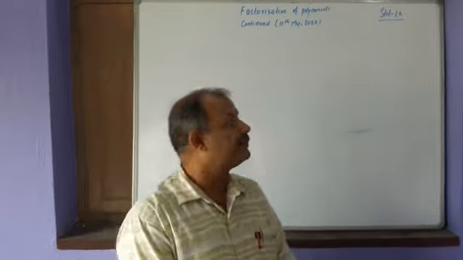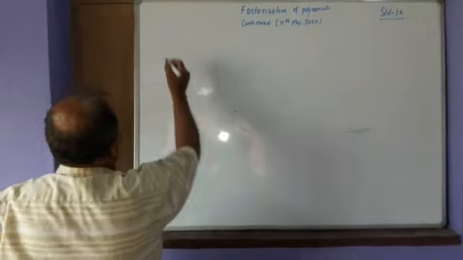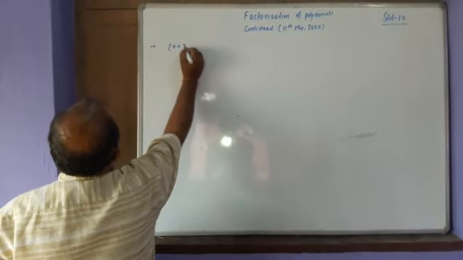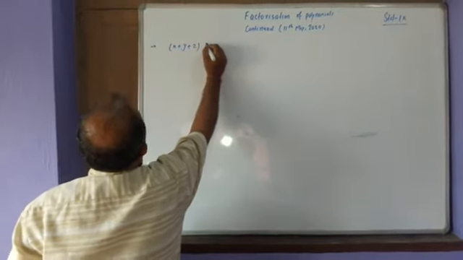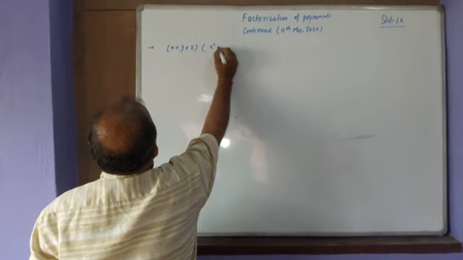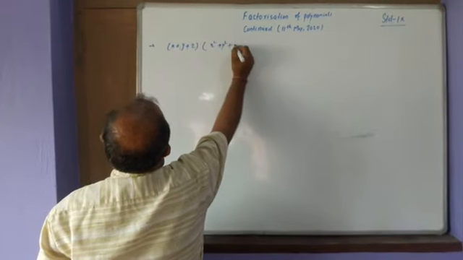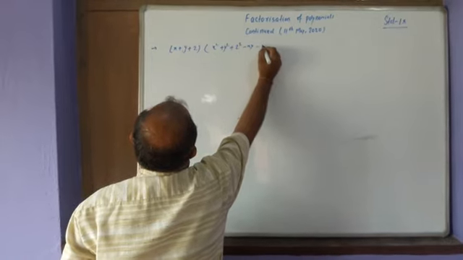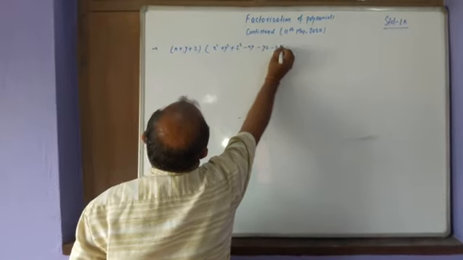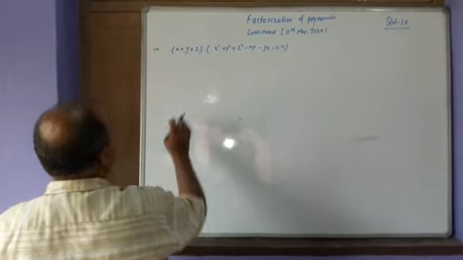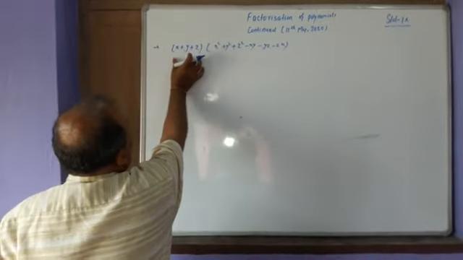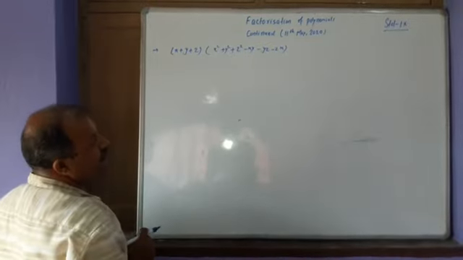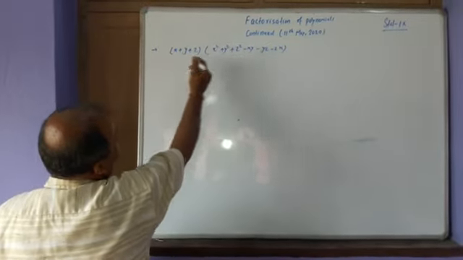Let us start. The first identity: (x plus y plus z) into (x square plus y square plus z square minus xy minus yz minus zx). Here, the two factors of this expression: the first will be multiplied by the second.